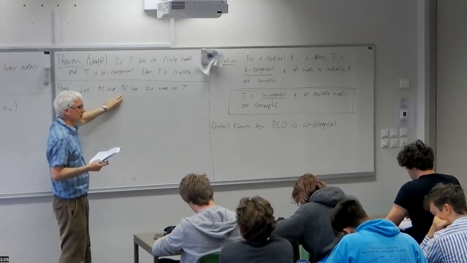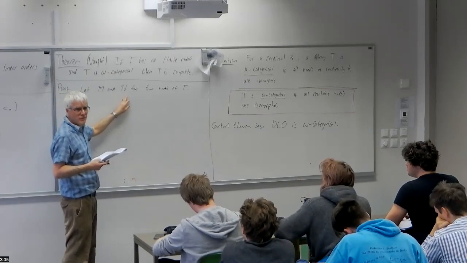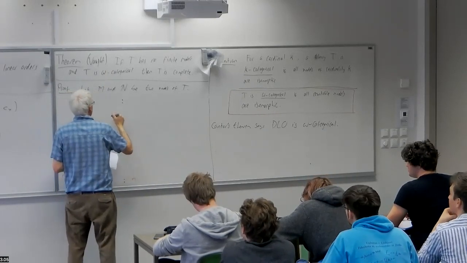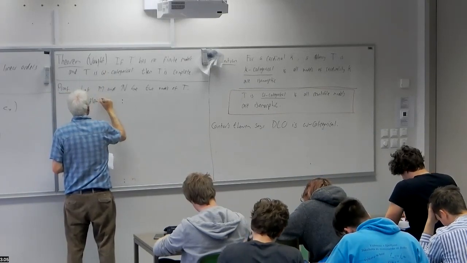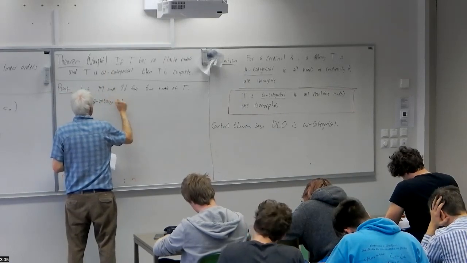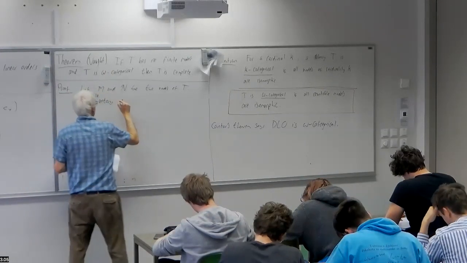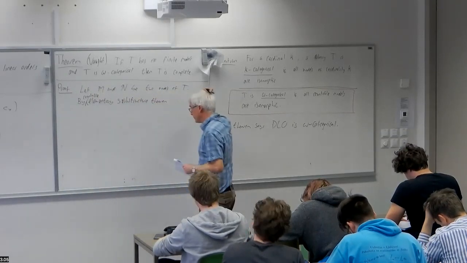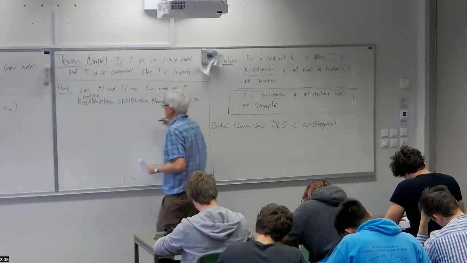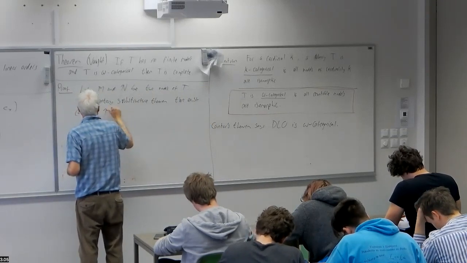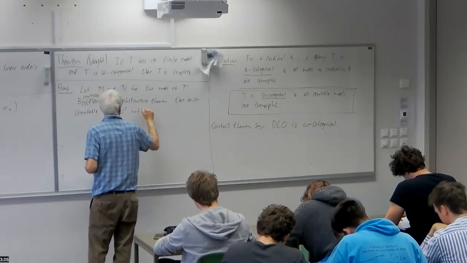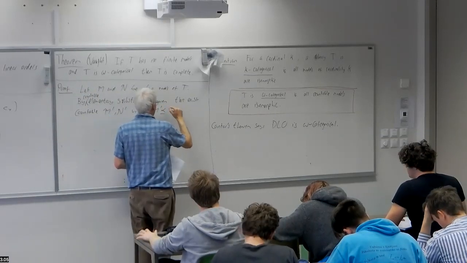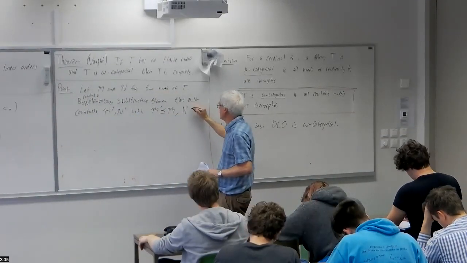So by the countable elementary substructure theorem, our version of the downwards theorem, we can find countable elementary substructures of M and N. There exist countable M prime and N prime, where M prime is an elementary substructure of M, and N prime is an elementary substructure of N.